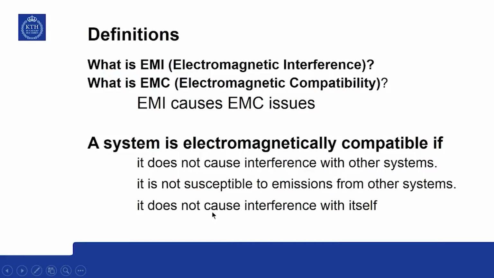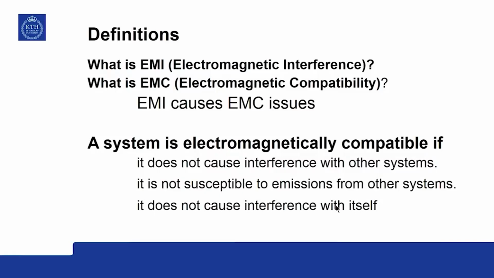Often this is also a problem, because systems can have various sub-modules, module 1, module 2 like that, or subsystems, and one subsystem can cause interference to other subsystems, so the system as a whole may not work. So, even this has to be taken care of.